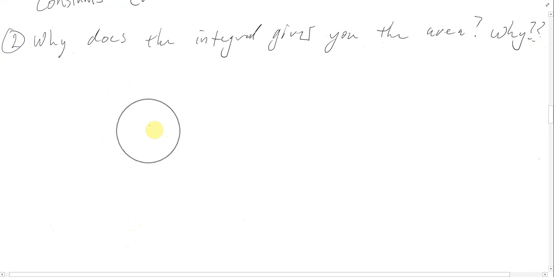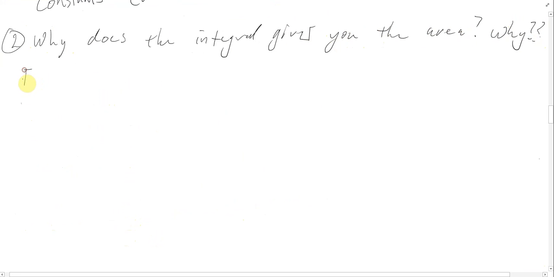Which I haven't explained. I just told you it is the area, so deal with it. But you may be wondering why. And essentially the answer is that the fundamental theorem of calculus tells you that it is. That's one of the answers.